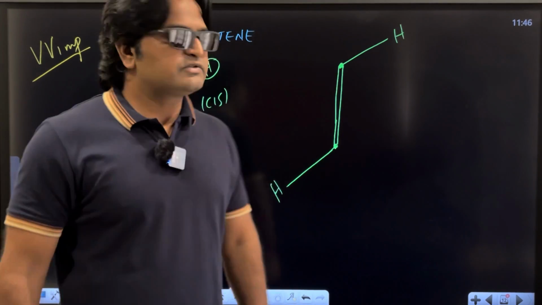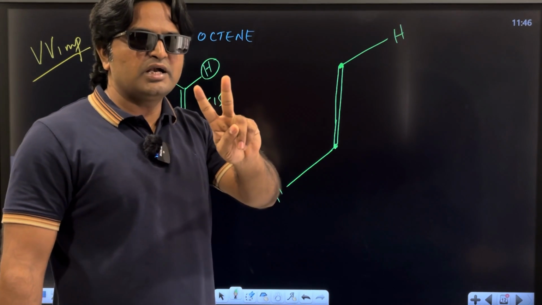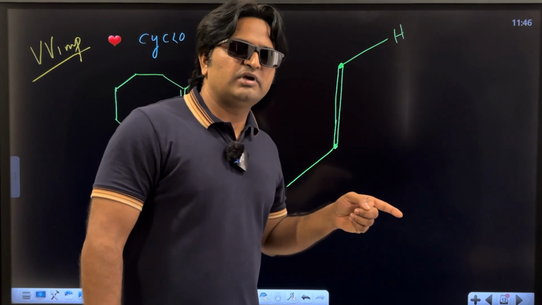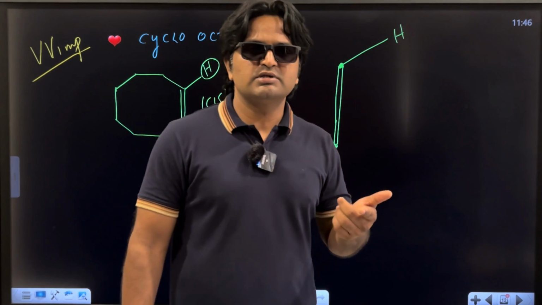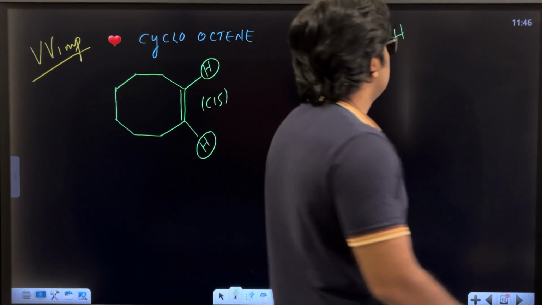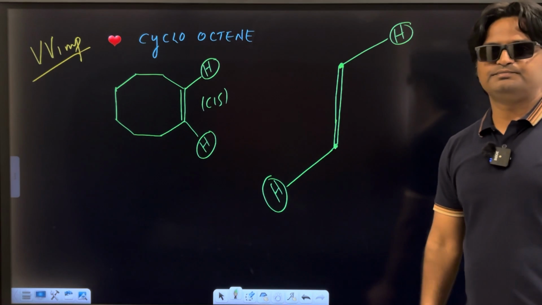To write the trans form, just I am keeping the double bonded carbon atoms. Two carbon atoms I am selecting. These are part of the double bond. And in the trans form, how are we arranging the hydrogen atoms? Same side or opposite side? These two hydrogen atoms should be on opposite sides in the trans form.